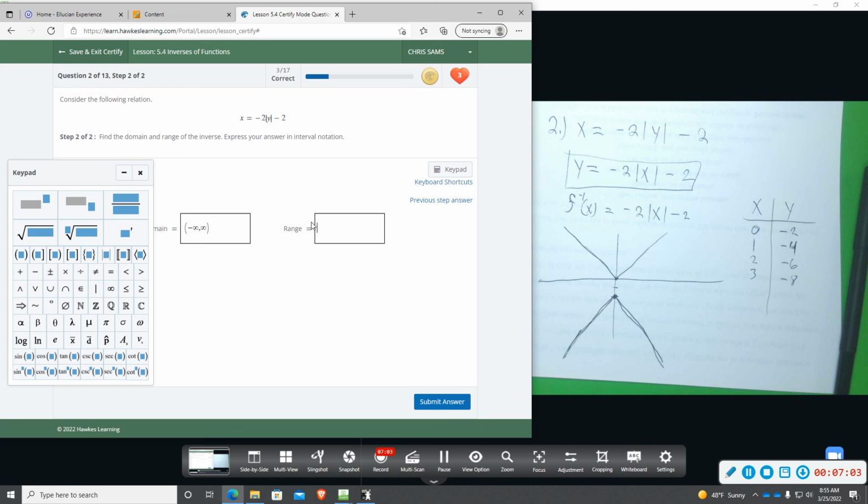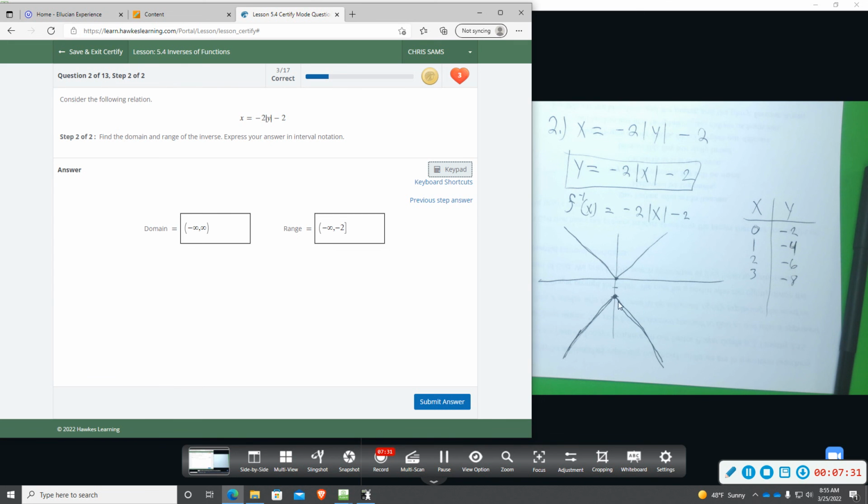And then our range, you always go from smallest to largest, but we have negative 2 all the way down to negative infinity. So negative infinity up to negative 2. And we want to do the half open, closed interval: negative infinity up to negative 2. And then that will give us our range of our inverse function.